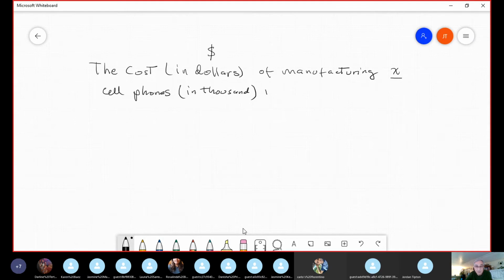It's given by a formula, cost for any X value, like function notation: f(x) = 5x squared minus 200x plus 4,000. This is the formula.